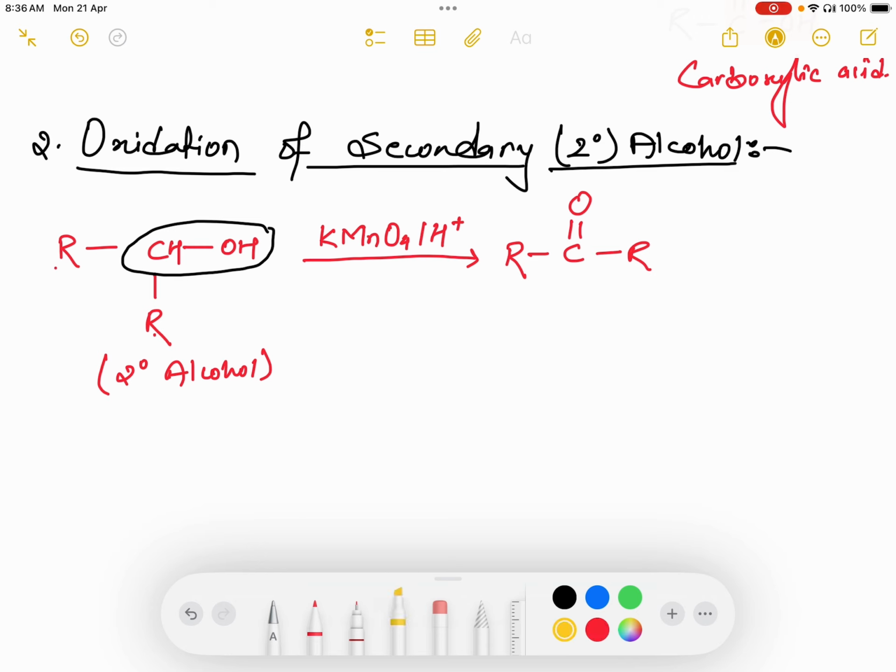So what is exactly happening here is that the alcoholic group is transforming into ketone. So 2 degree alcohol is being oxidized to ketone containing the same number of carbon atoms.